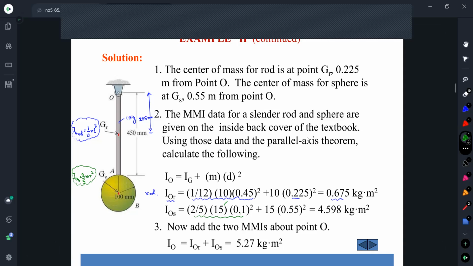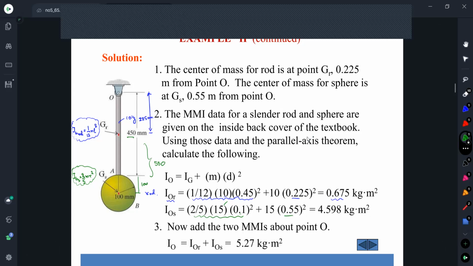The distance from the mass center to point O is 450 plus 100, which is 550 millimeters, or 0.55 meter.